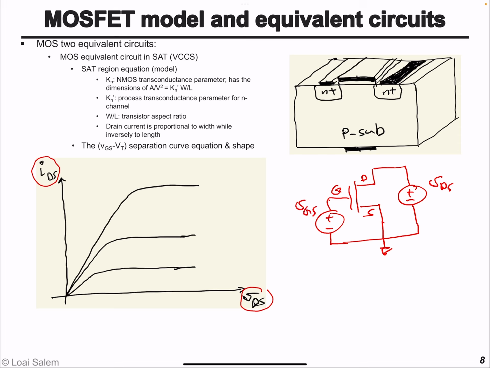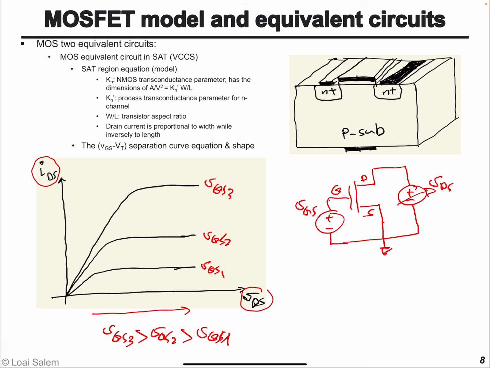Essentially, here we sweep VDS for different VGS values. Let's say this is VGS1, VGS2, and VGS3, and of course VGS3 is larger than VGS2, which is larger than VGS1.